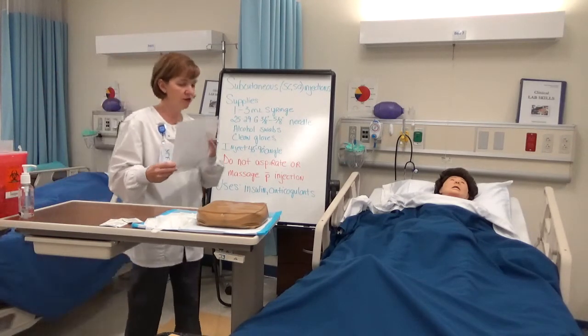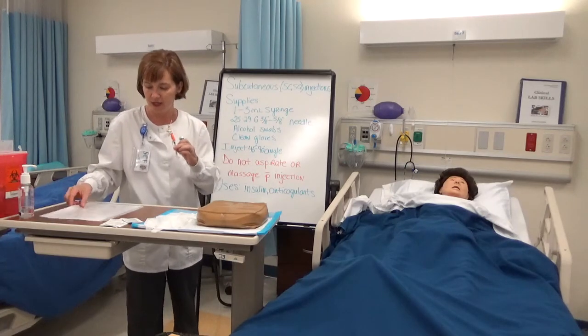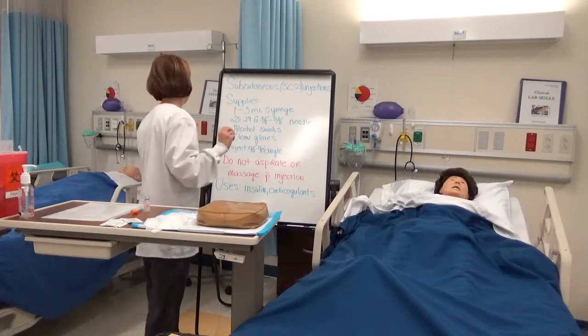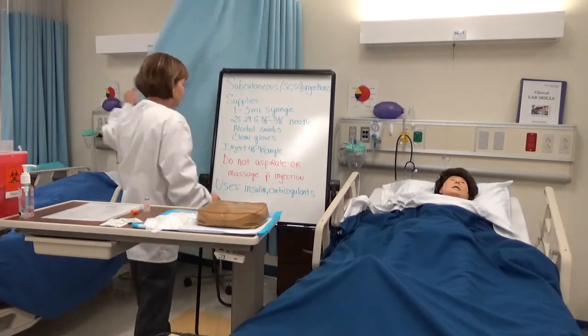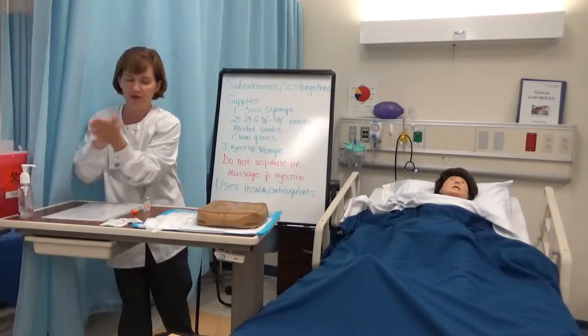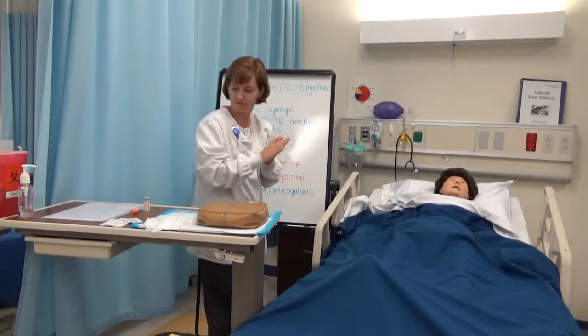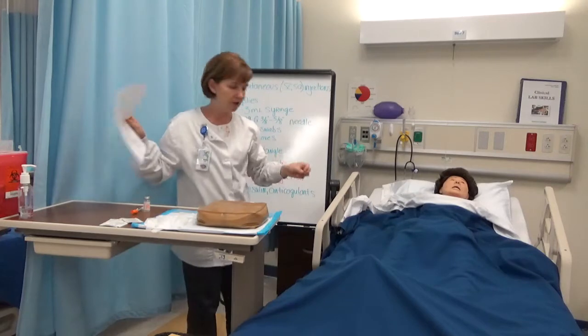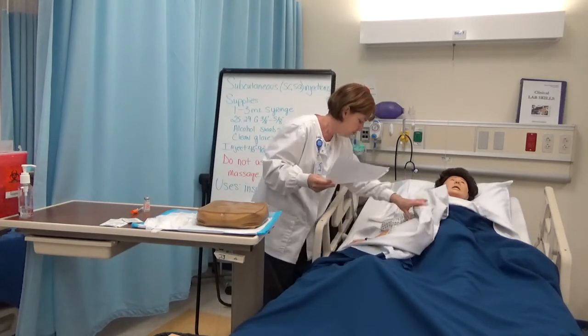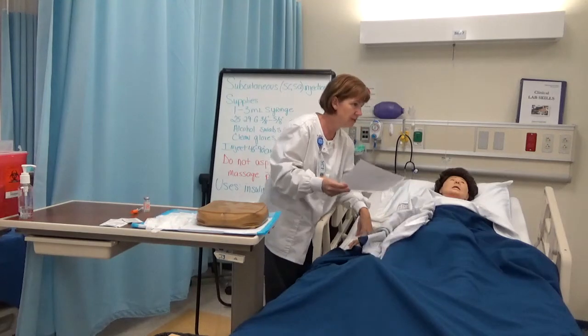Good morning, Miss Cross. I have some medication for you. Okay, I'm going to provide for privacy. Wash my hands. Grab my MAR. Miss Cross, can you tell me your full name, please?